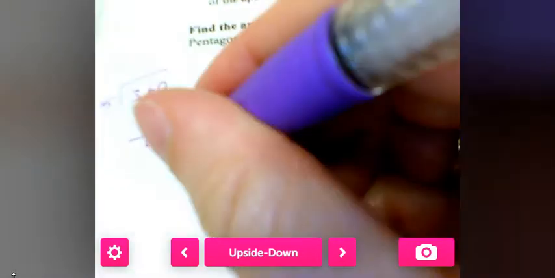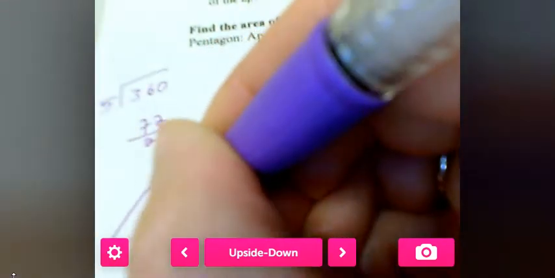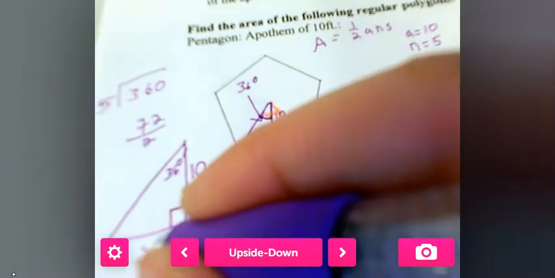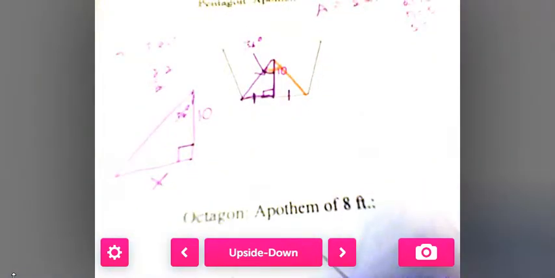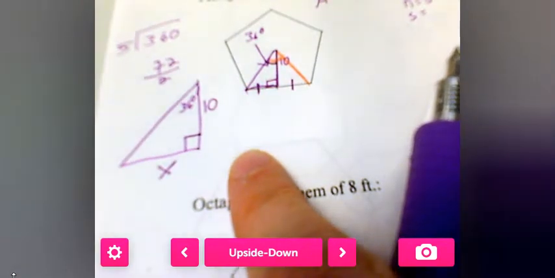Now I'm going to redraw this triangle but bigger. I want to make it clear that we have a right triangle. We know the apothem is 10, and we're trying to find this down here at the bottom. Anyone remember how we would find x? I've got an angle. I've got a side.